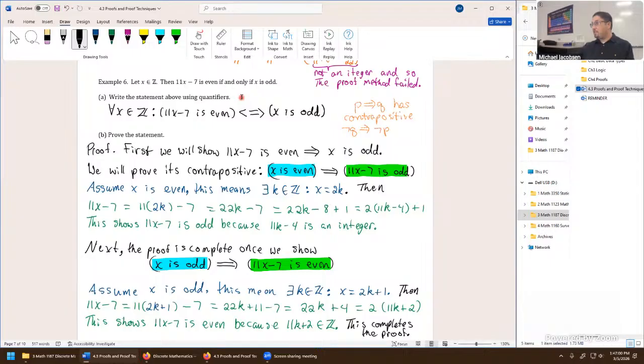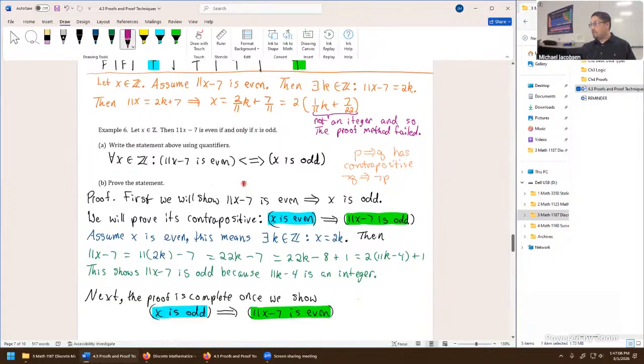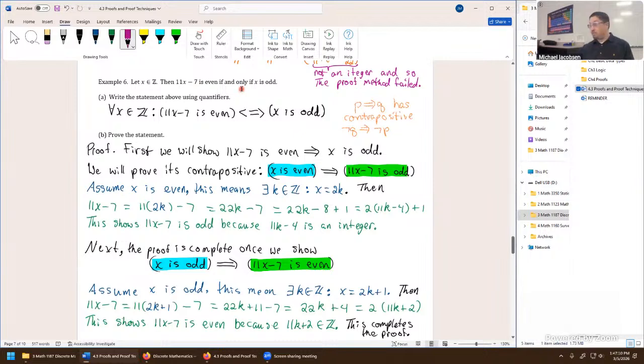So the divide and conquer method, show one side, then reverse it, show you can go that way as a direct proof, is a great technique for any kind of if and only if statement you ever encounter. Well, we did, folks. That's the biconditional. Any questions on getting through this kind of proof?